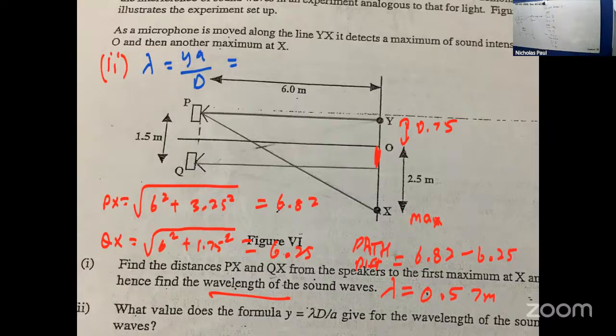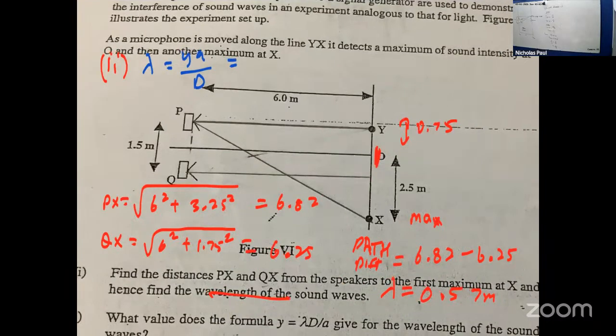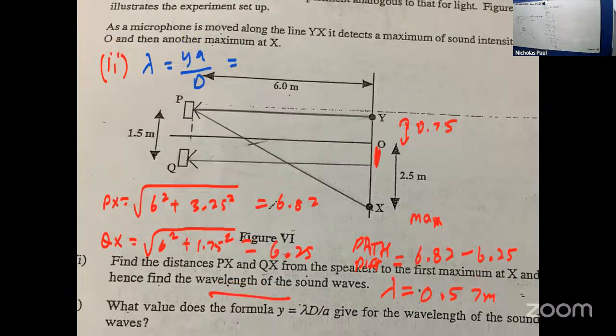So y is what? And y is the separation between maximums, right? So at the maximum will be at O and a maximum at X. So 2.5. A is what? 1.5.